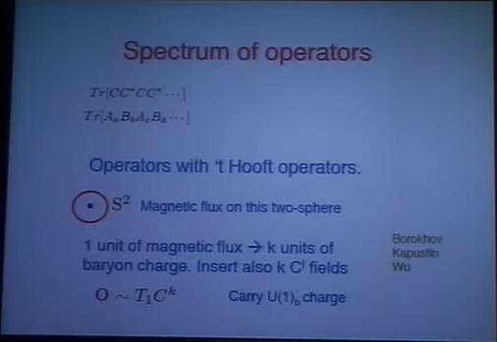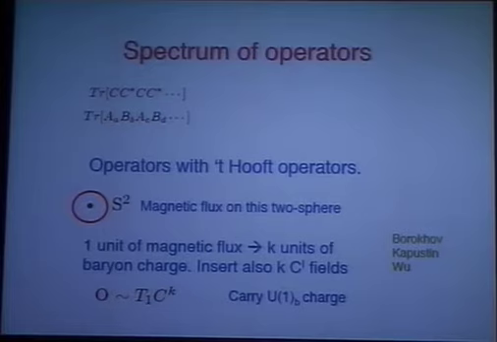And some of these operators, if you contract all these indices symmetrically, are BPS, and you can compute their dimensions and they should correspond to certain gravity modes and so on. But in addition to these operators, we have other operators in this theory, the so-called 't Hooft operators.